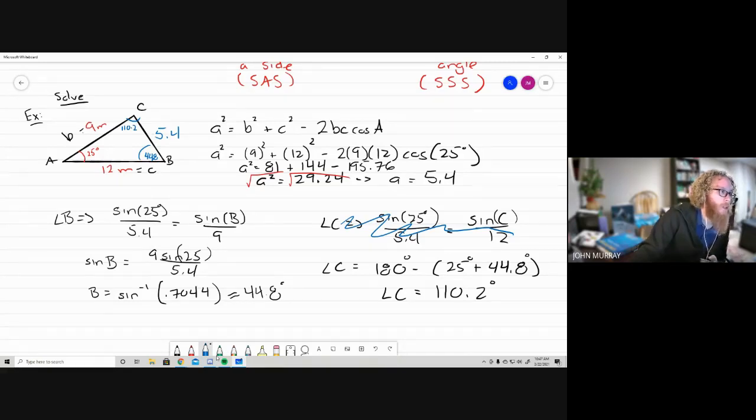Again, we check the sides and the angles: shortest angle, shortest side; longest angle, longest side. And this is in the middle, so everything checks out.